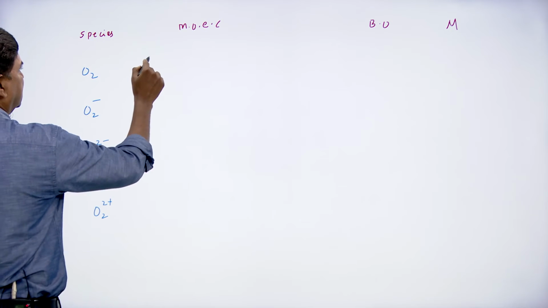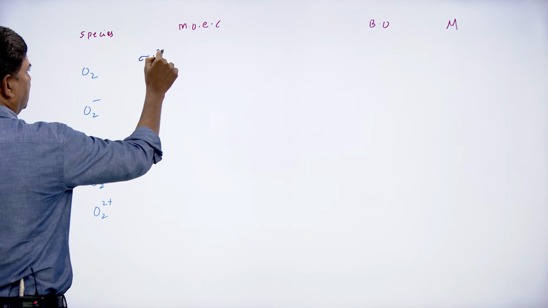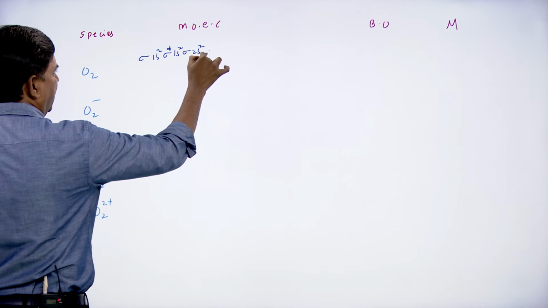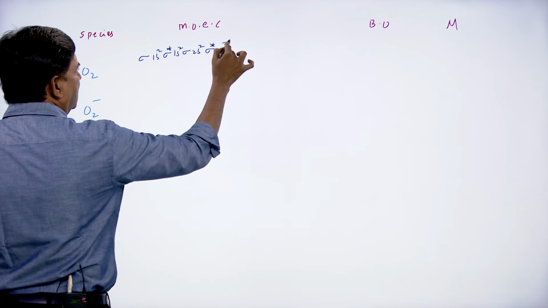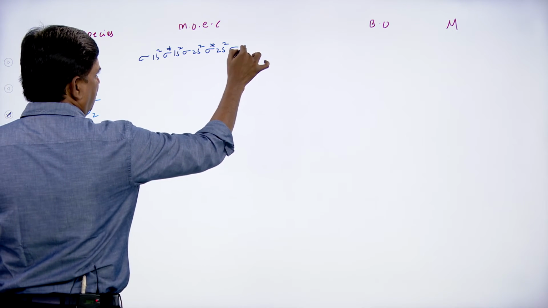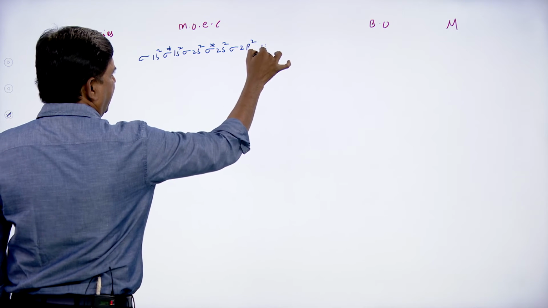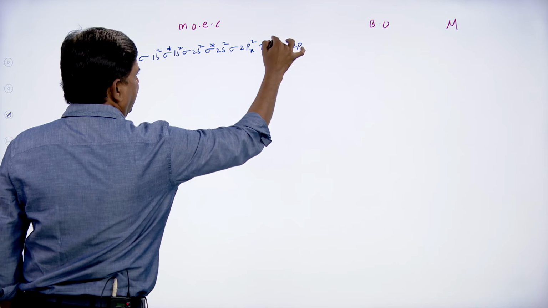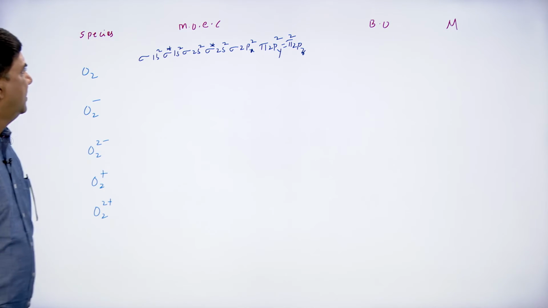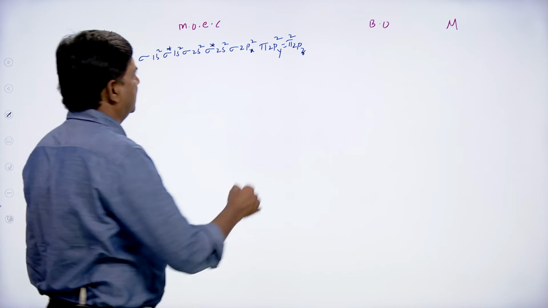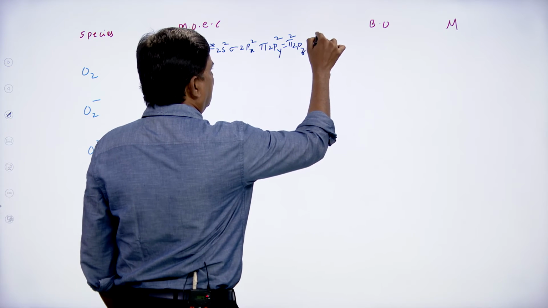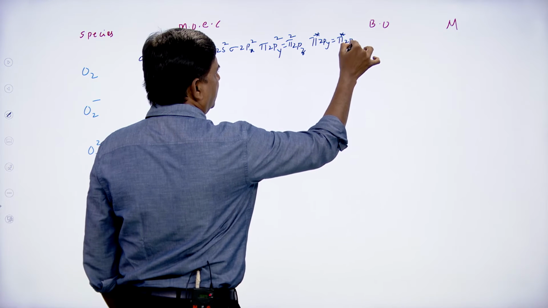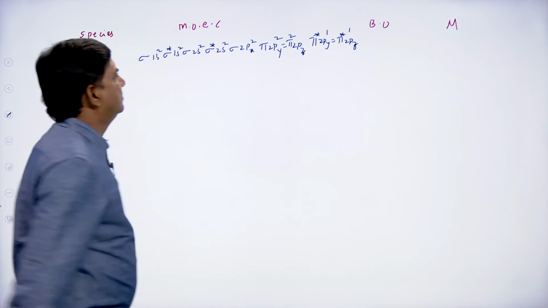Already we have seen sigma 1s2, sigma star 1s2, sigma 2s2, sigma star 2s2, sigma 2px2, pi 2py equal to pi 2pz, here 2, and pi star 2py equal to pi star 2pz, here 1.